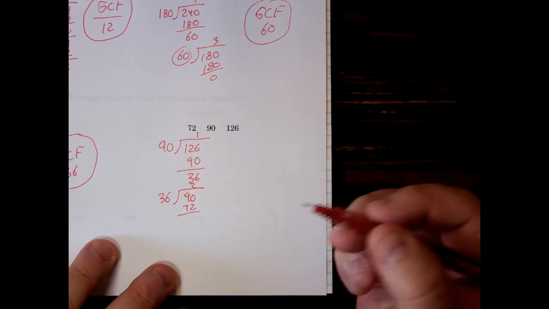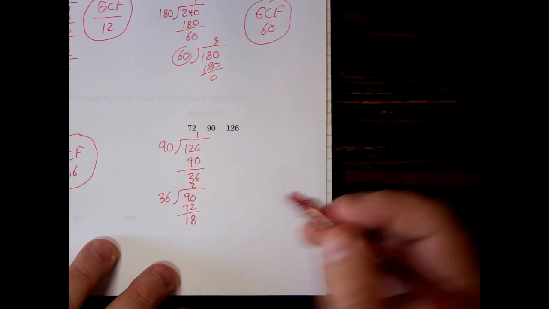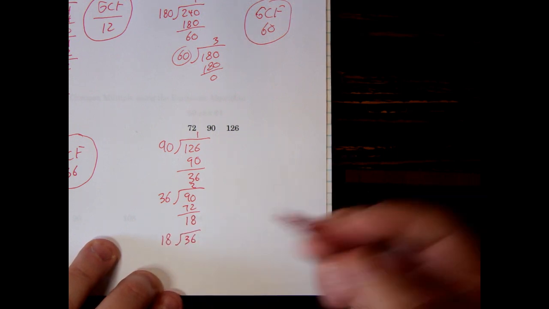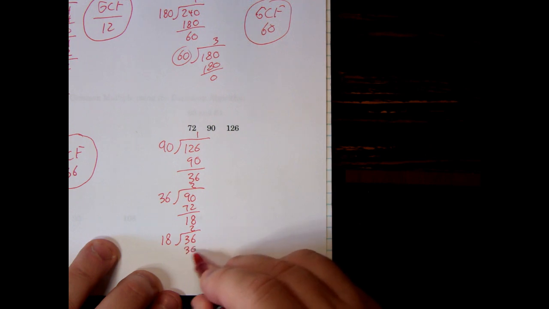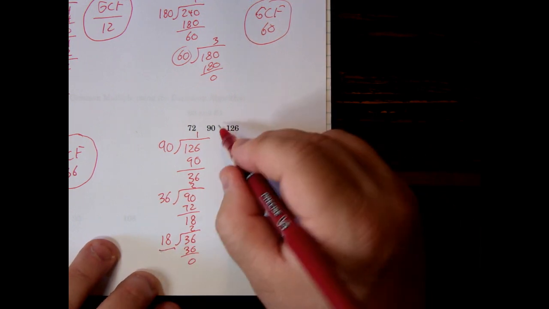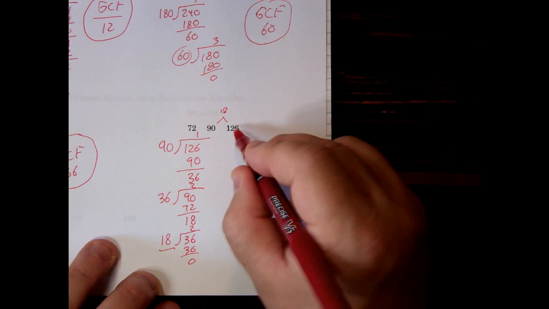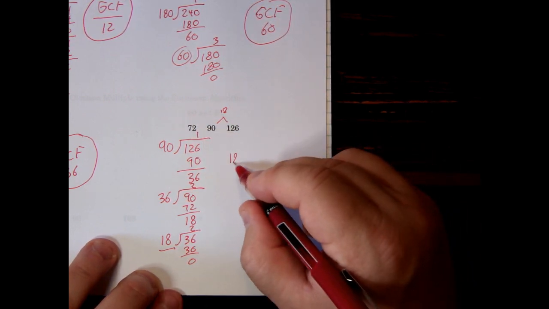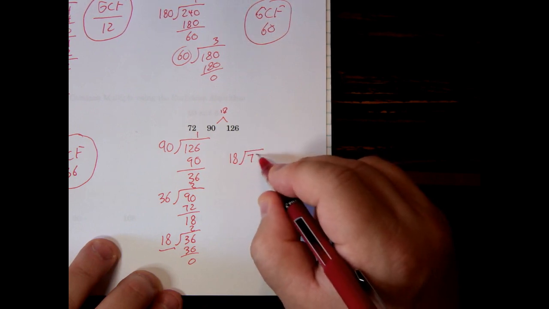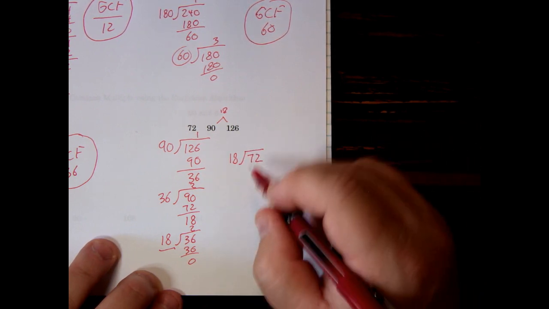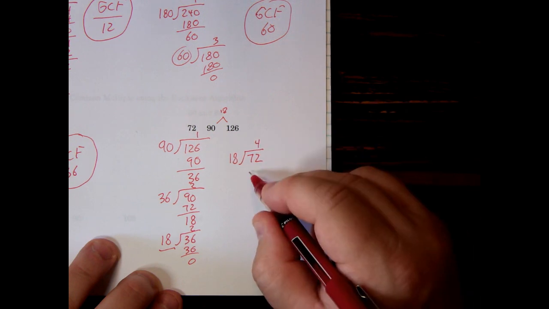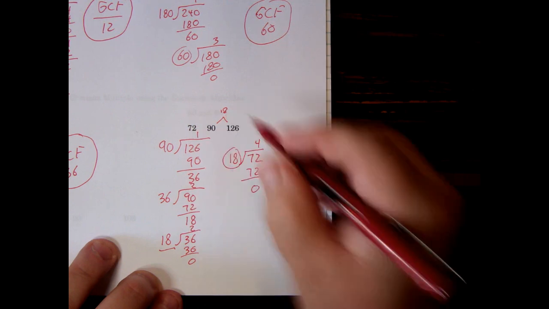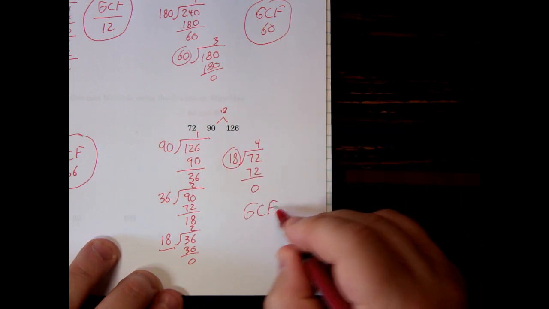You get 18 when you subtract those. And how many times will 18 go into 36? Exactly 2 times. So 18 is the greatest common factor of the first two, but now I need to check it with 72. How many times will 18 go into 72? You should have got 4 exactly. Since that has no remainder, 18 must be the greatest common factor of all of them.